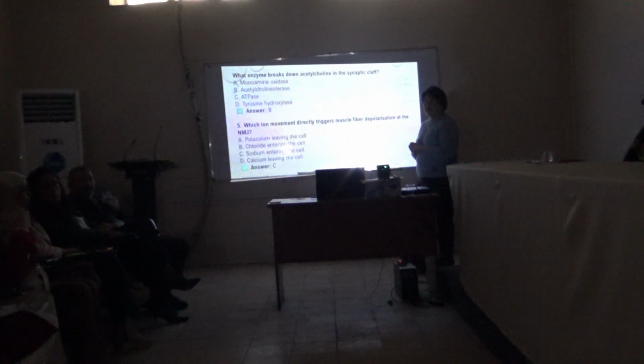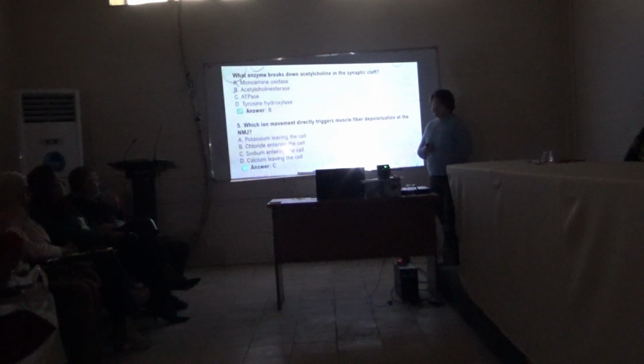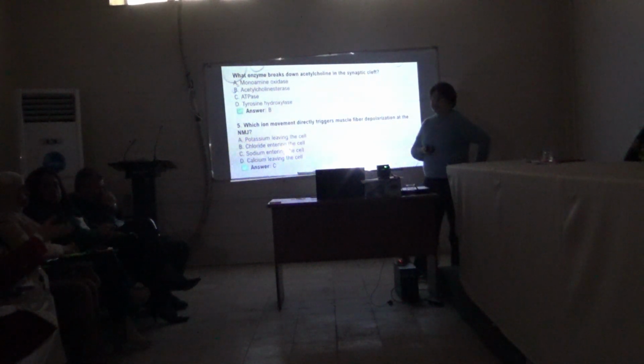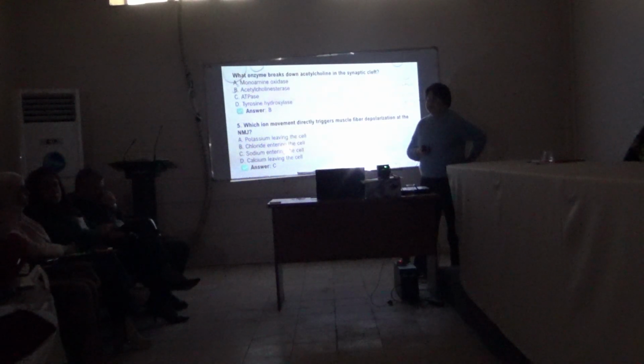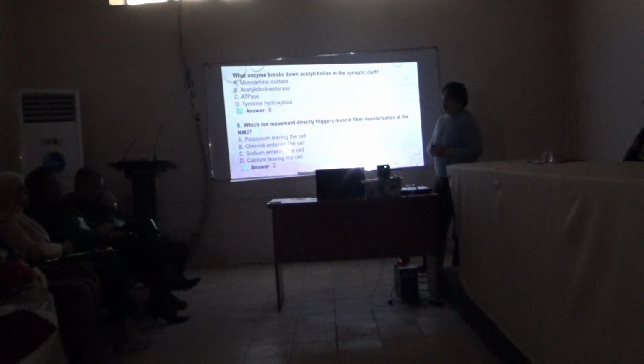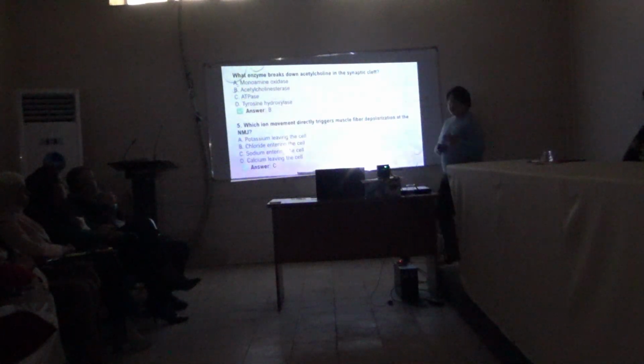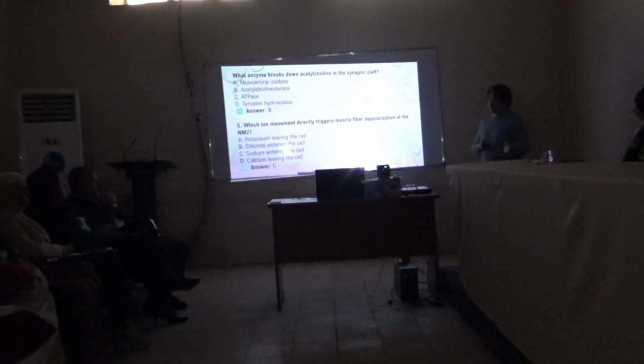How do I choose the appropriate muscle relaxant for the case? For example, if I have a TMJ spasm, how do I decide which muscle relaxant is suitable? It depends on the condition. If that patient has some problem with the CNS, I cannot use a drug acting directly on the CNS.